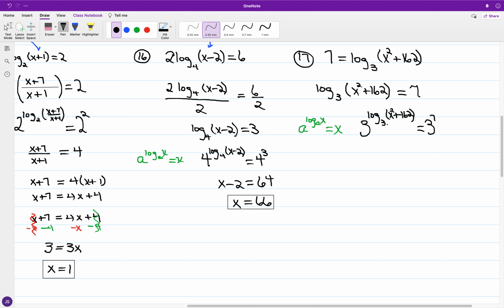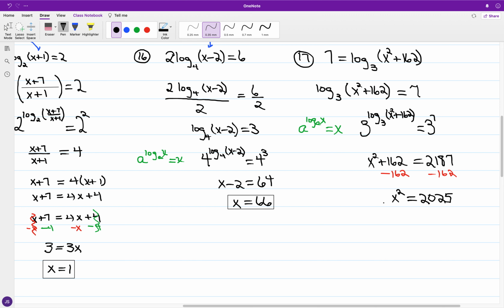On the left hand side we have x squared plus 162, and 3 to the 7th is 2187. If I subtract 162 from both sides, we have x squared is equal to 2025.